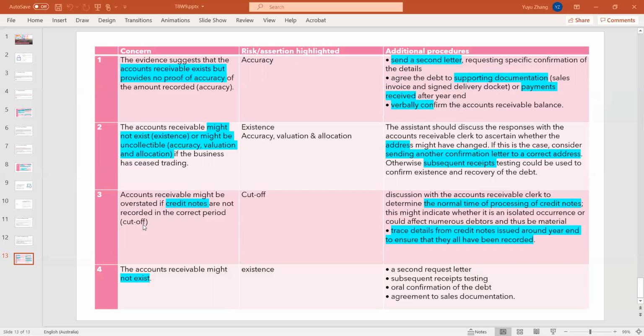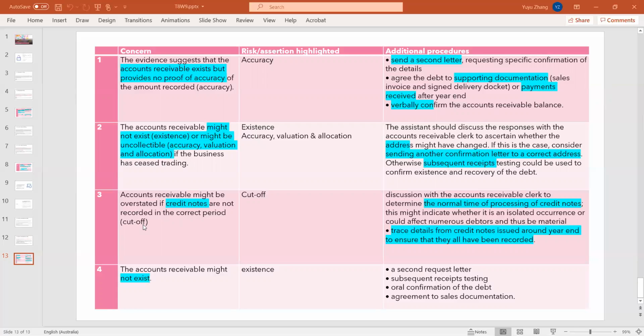Okay, number 3, accounts receivable might be overstated if credit notes are not recorded in the correct accounting period. So basically that is a cut-off issue, and of course it will also be relevant to the accuracy and valuation assertions. So based on this finding, to get sufficient appropriate audit evidence, you would also add the following procedures. For example, discuss with the company's accountants the normal time of processing credit notes.